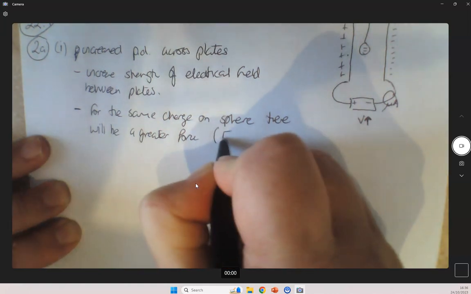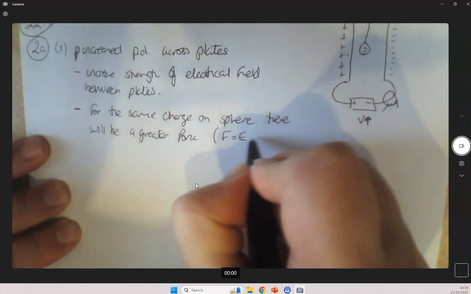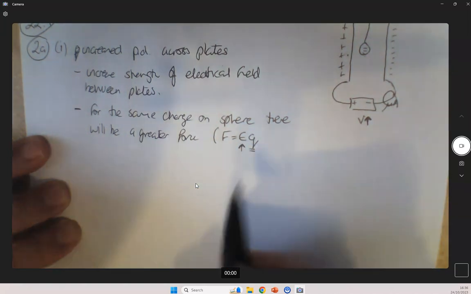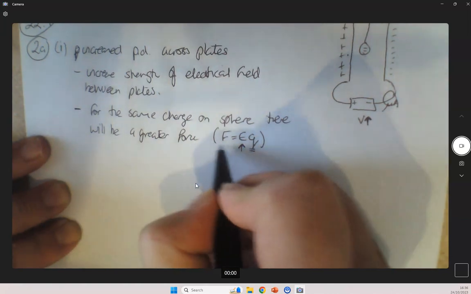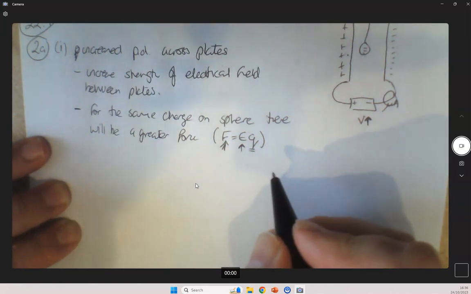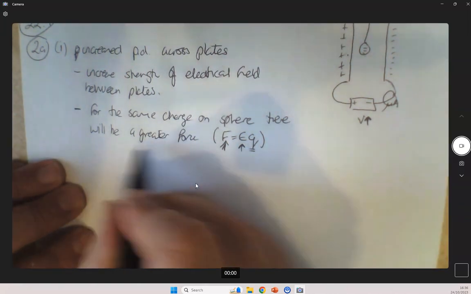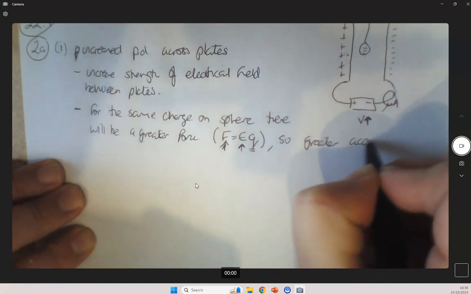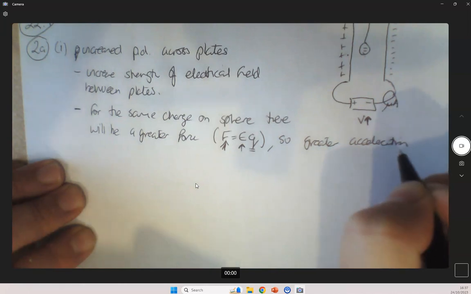And we know that because F is equal to EQ. The electrical field strength increases, the charge stays the same, therefore the force is going to increase. That means we have greater force, so greater acceleration of the ball back and forth.